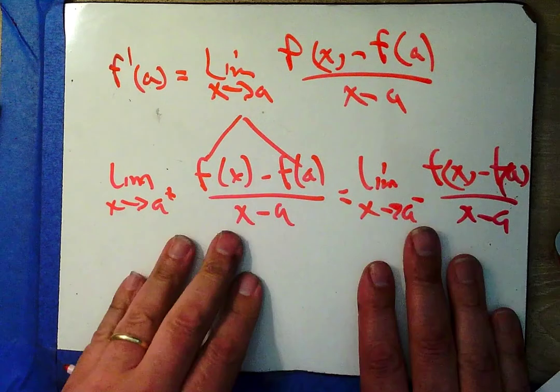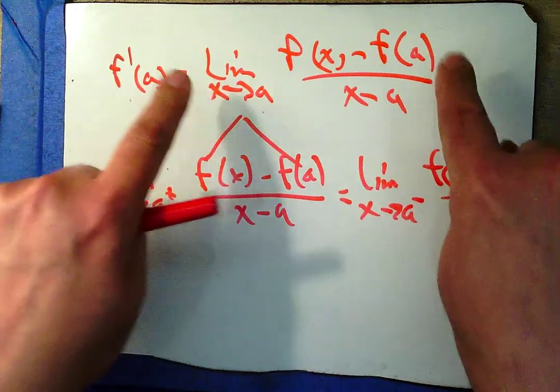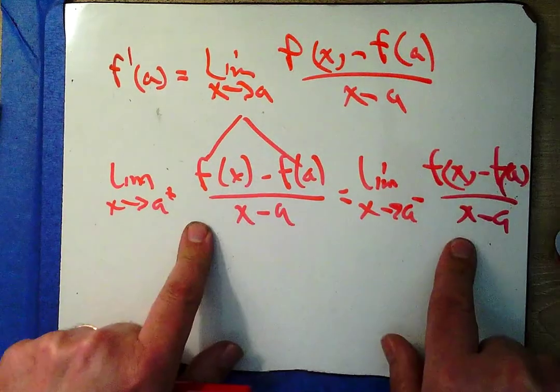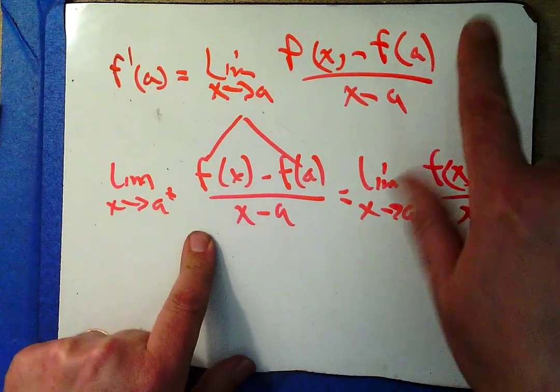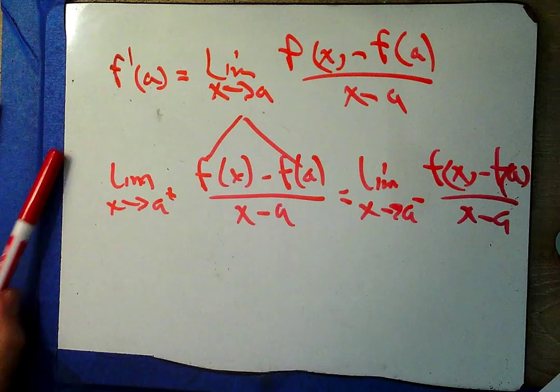So if these are equal to each other, then this is the slope. Then whatever slopes we got here, because they're equal to each other, will be this slope, and that's going to be the slope of f at a.